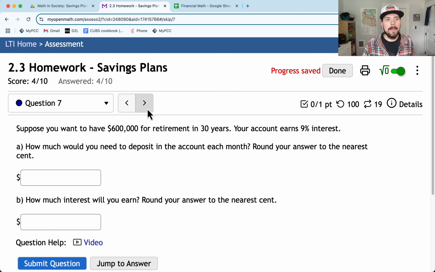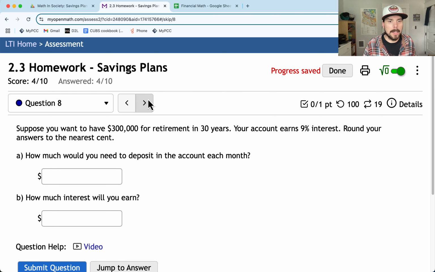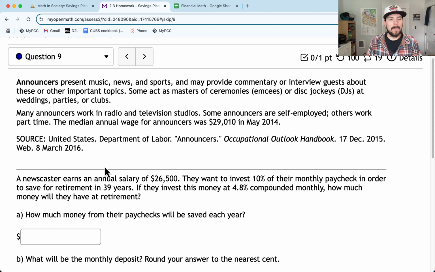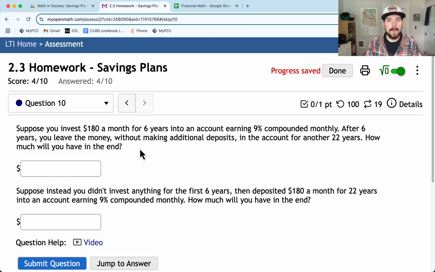Now the remainder of the problems, we have either looking for deposit amounts or problems where you have to find a future value. On this problem, there's definitely a lot going on. We've got a goal to save for taxes. Here it's a monthly investment. We want to know how much per month. Again, that's just finding a payment amount, finding a deposit amount.